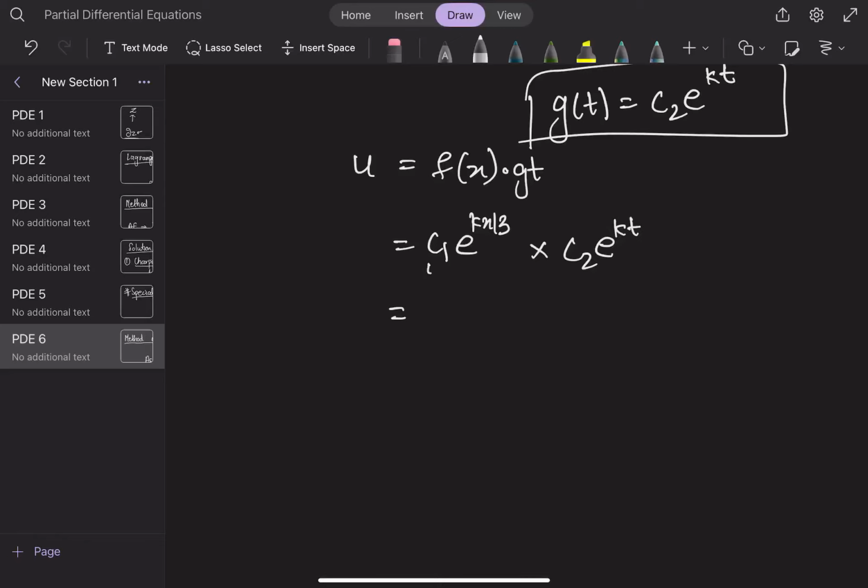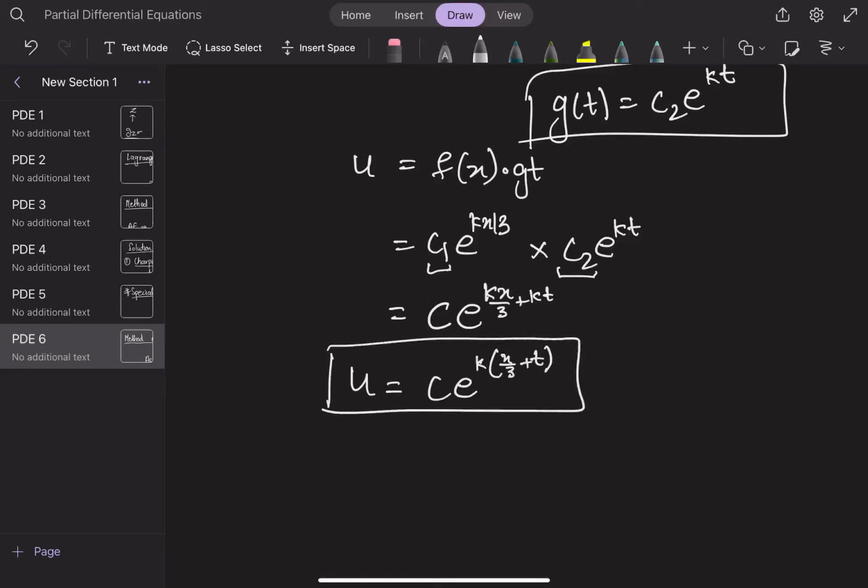We'll multiply c1 and c2. These are both constants and the multiplication will give us a new constant. We'll call that c. So e raised to kx/3 plus kt. So you can write u as c e raised to k, let's take k common, (x/3 plus t). This is the value of u.